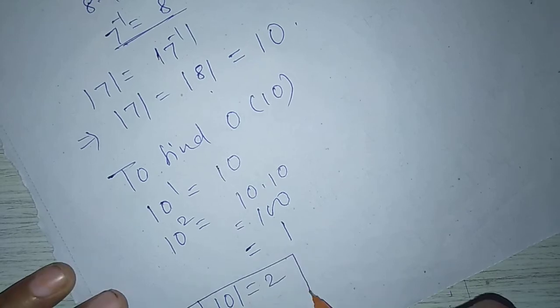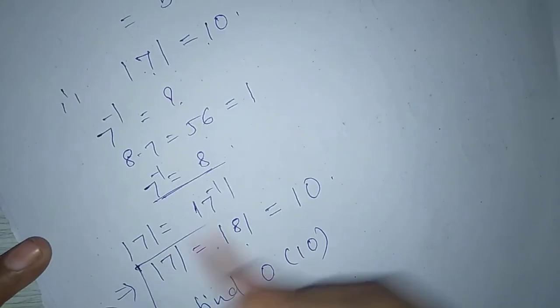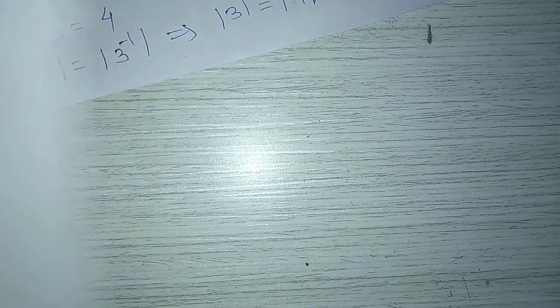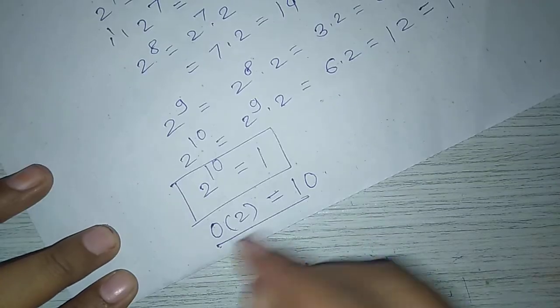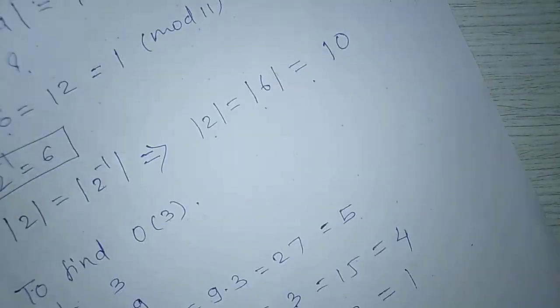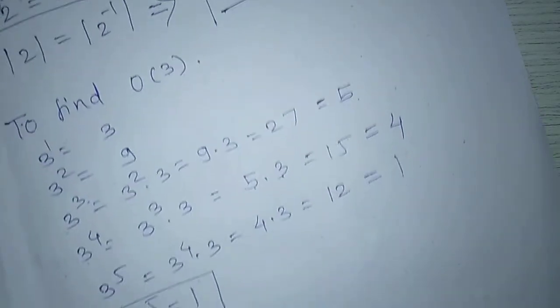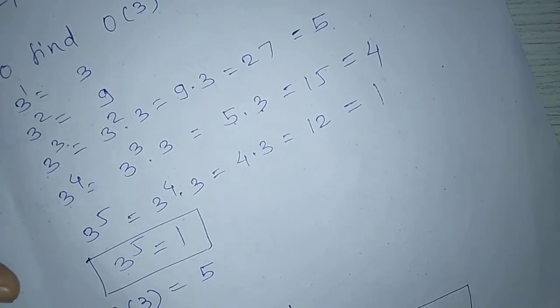Here we get order of 10 equal to 2, order of 7, 8 equal to 10, order of 5, 9 equal to 5, order of 2 equal to 10, order of 3, 4 equal to 5.